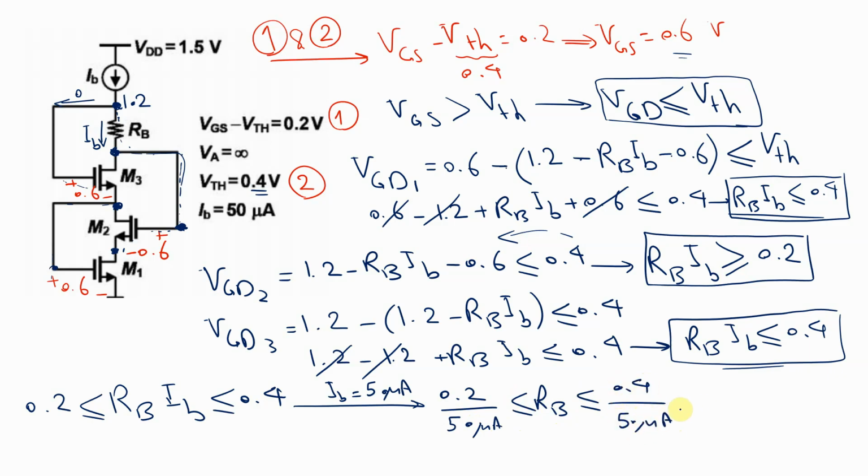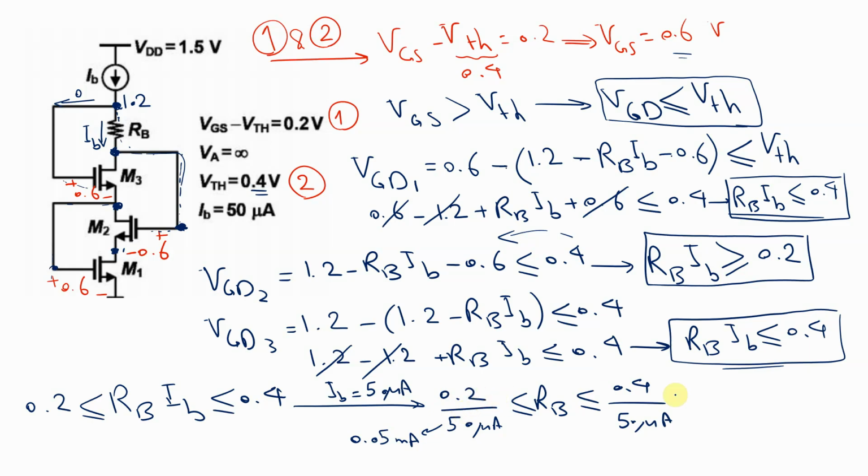So what is the result? If we want RAB in kilo ohm, which is the unit of the options in the question, we can use milliamp: this is 0.05 milliamp. 0.2 divided by this number, you can multiply by 100, and you get 20 over 5.